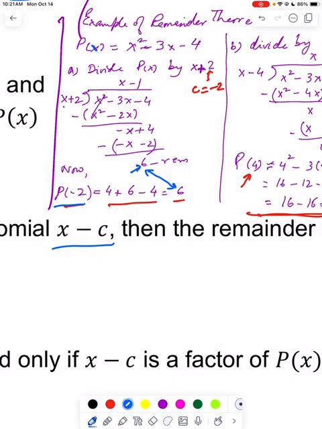So then we can directly plug in. But this only works when we are dividing by an x plus c type or x minus c type of polynomial, not something like x squared plus 2 or x squared plus 3x plus y, not even 2x plus 3 or 2x minus 3, specifically by x minus something.